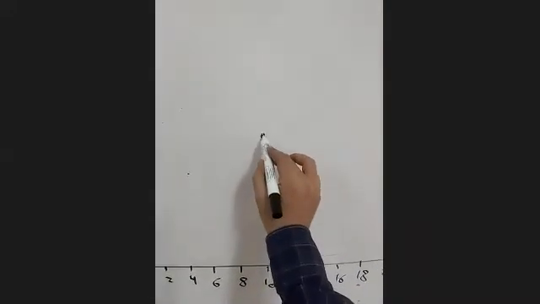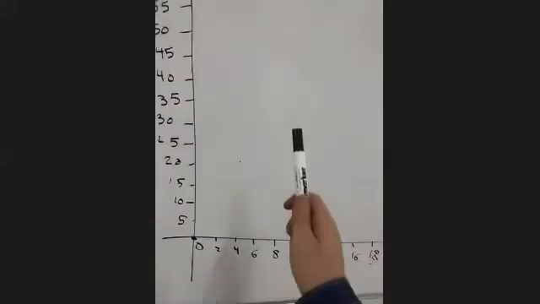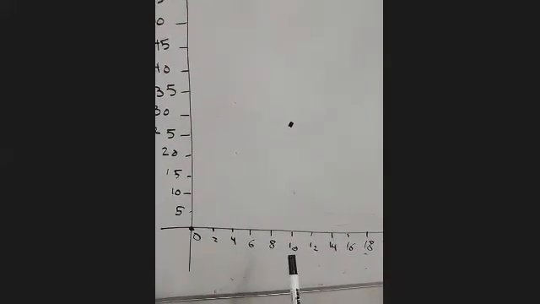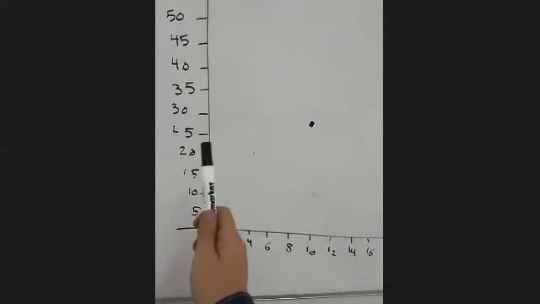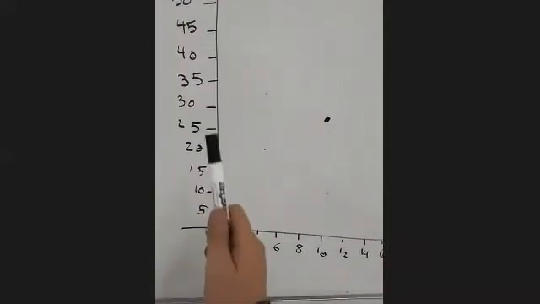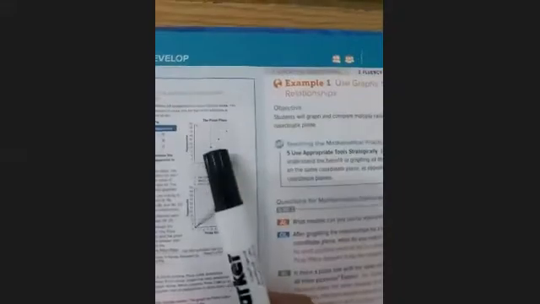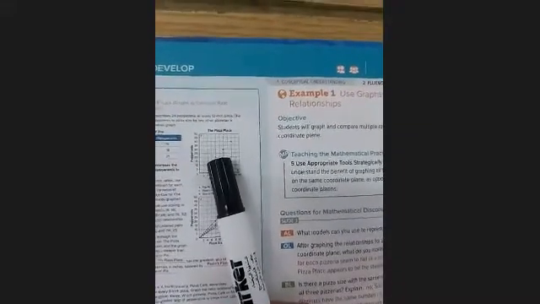Now how will we make the table from the graph? Look here, guys. If I have a point here, how will I make its ordered pair? I will take the x-coordinate of it, which is 10 here, and the y-coordinate of it, which is 25. So I have 10 and 25. Now who can give me the coordinates of the first point here? See it, guys? The ordered pair of this point here? Yalla.